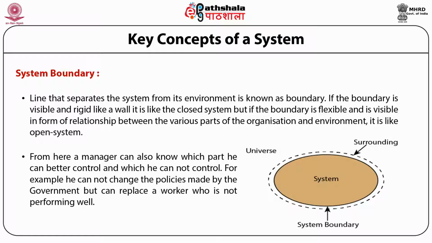Since the policies made by the government are external factors which are completely out of the control, these are a clear boundary line. But if we want to replace a worker, that comes totally under the decision making power of a manager, so that can be controlled by him.